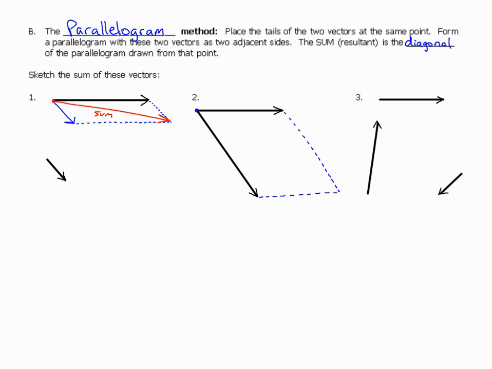And then the diagonal, starting where the tails meet, is the resultant vector. That is the sum.